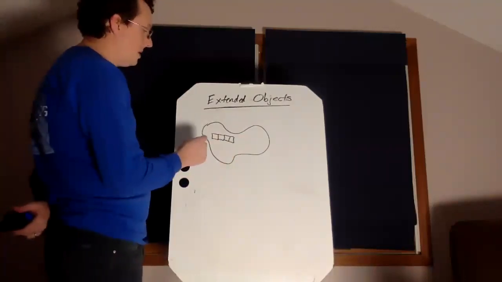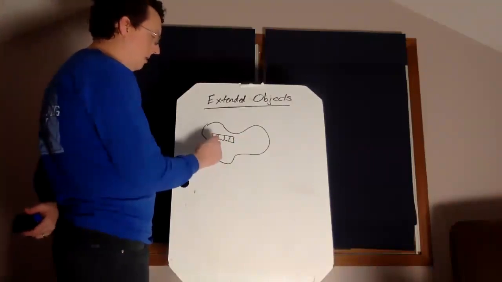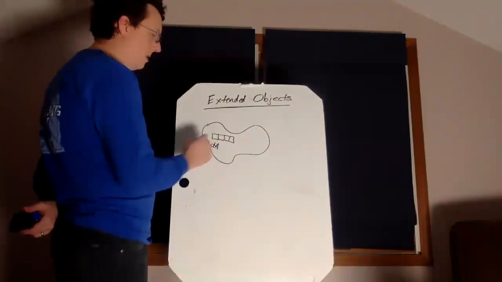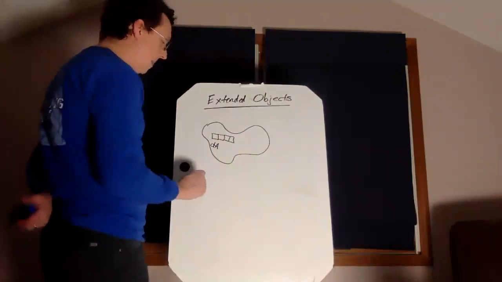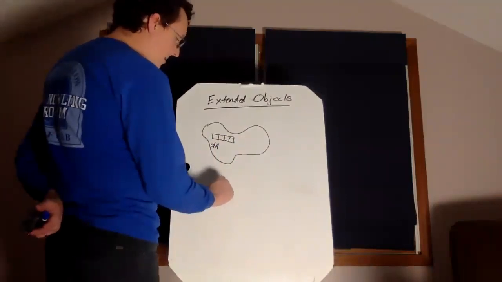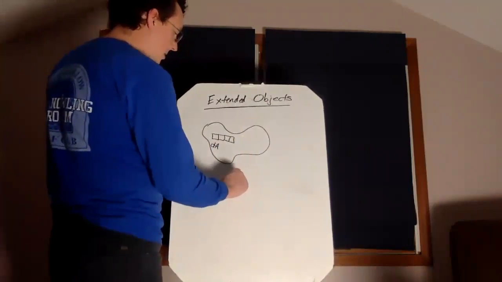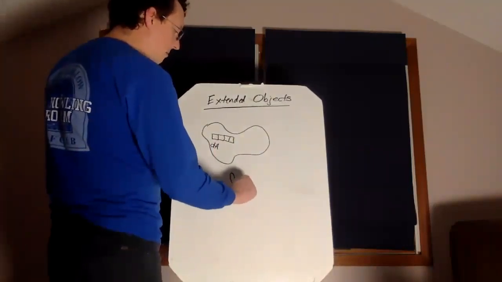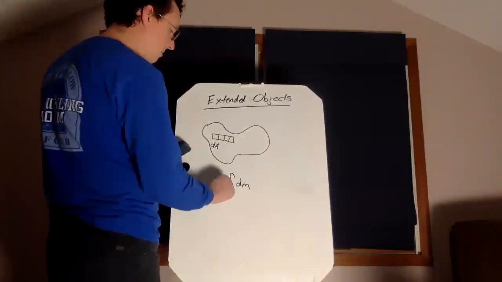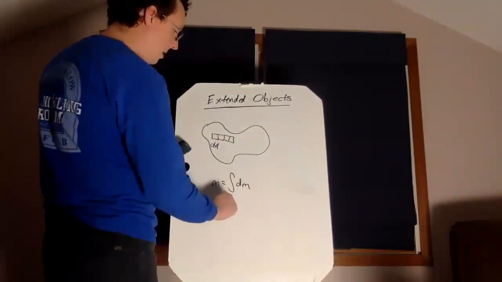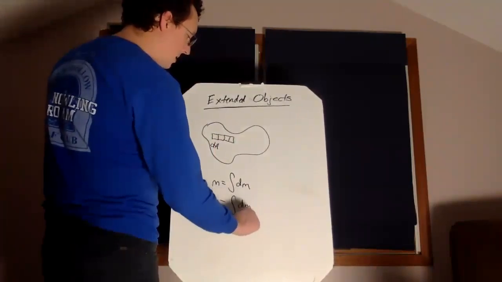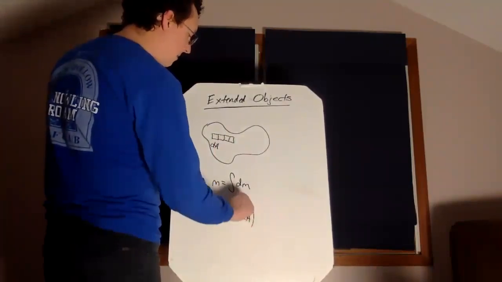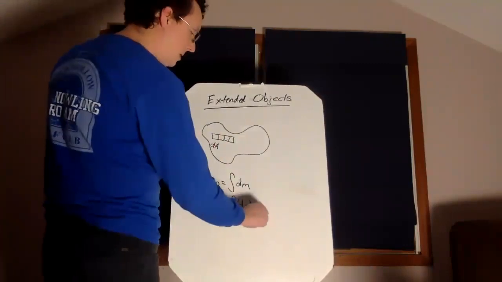And each little postage stamp is going to have a little area, call it a differential area, dA. And we're going to say that the mass equals the integral of dm. Again, that's always true. But we're going to write that as the integral of dm over dA, where dA is the area of a little postage stamp, times dA.